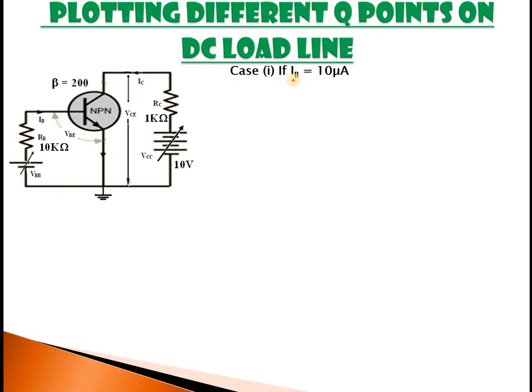Let me take the first case, if IB is equal to 10 microamps. Now, you know IC is equal to beta times IB. Beta is given in the circuit as 200. IB is given here. If I substitute, I will get 2 into 10 raised to 3 into 10 raised to minus 6. 3 and minus 6 will lead to 2 into 10 raised to minus 3, which is nothing but 2 milliamps.